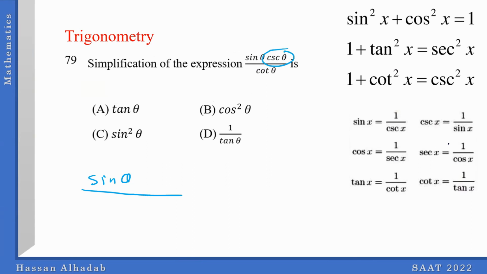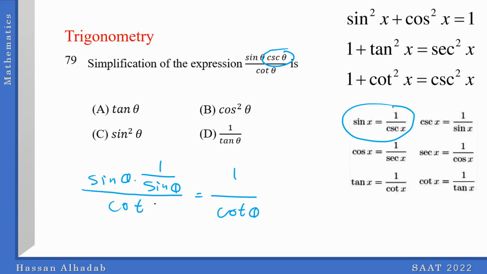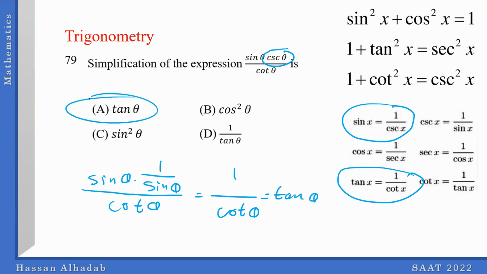Cosec is 1 over sine. So this is times 1 over sine theta over cot theta. So this is going to be 1 over cot theta. So what's 1 over cot, which is cotan? This is just tan theta. So the answer is tan.